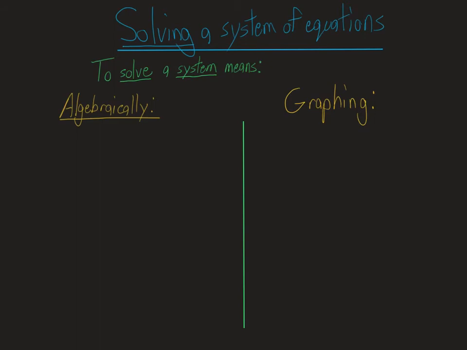To solve a system means find the x and y value that together are the solution to both equations. That's the thing. It's got to solve both of them, make both of them true.